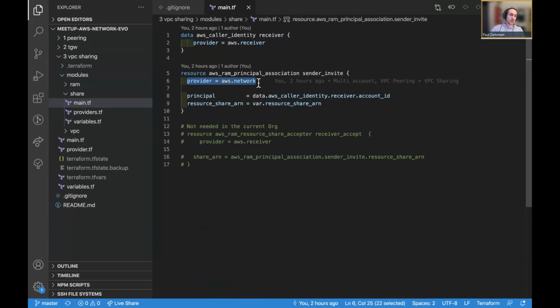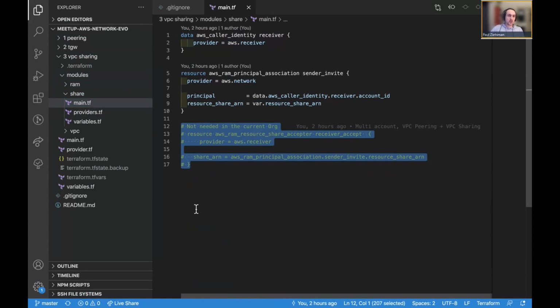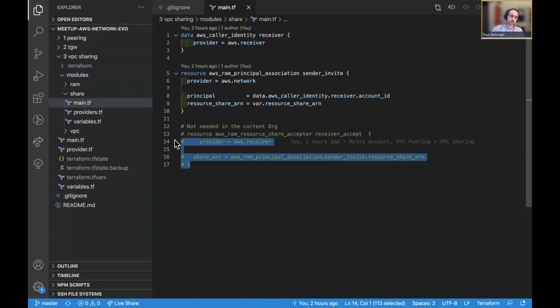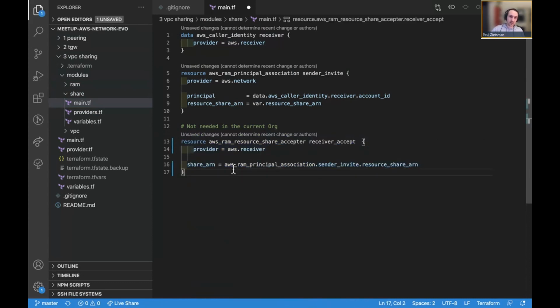And this happens within the networking account because that's where that share lives. And if your organization isn't set up correctly, you actually have to go into that sub account, into that receiver account, and accept that share. So there you go. So you're hopping between accounts in your code, but you can totally do this.